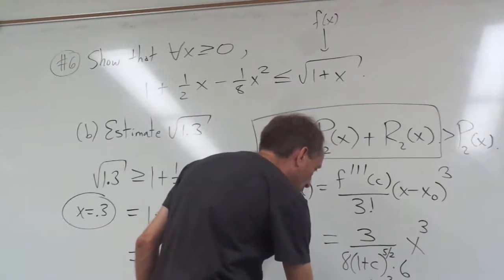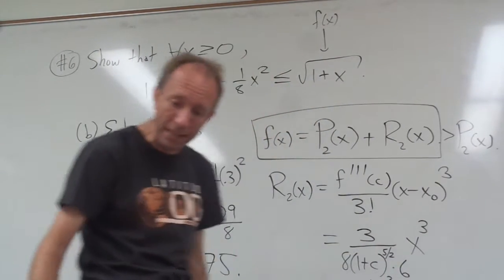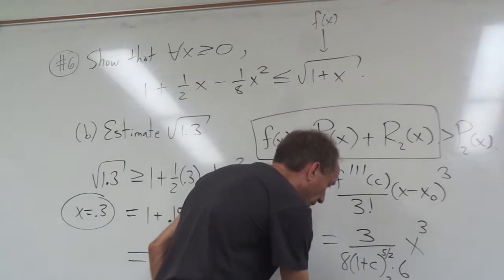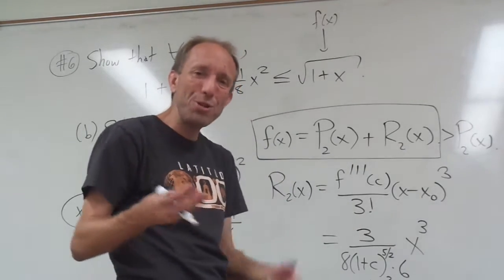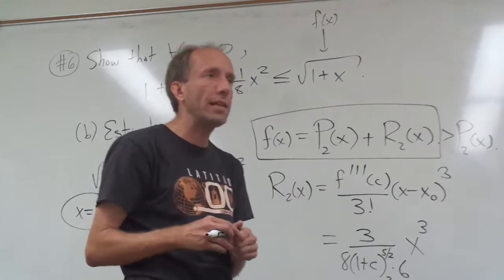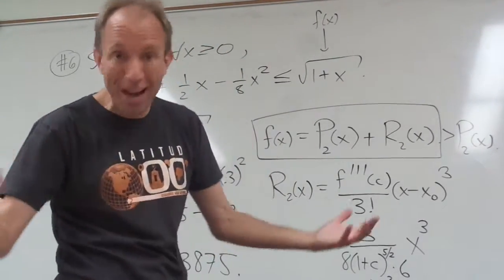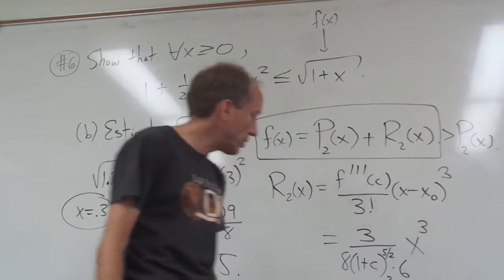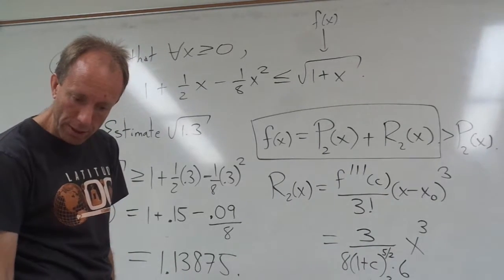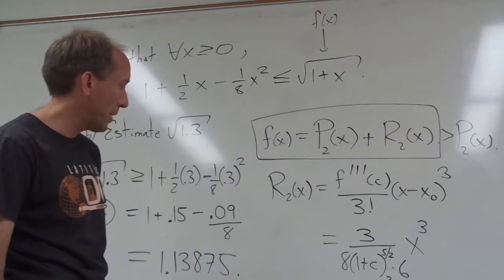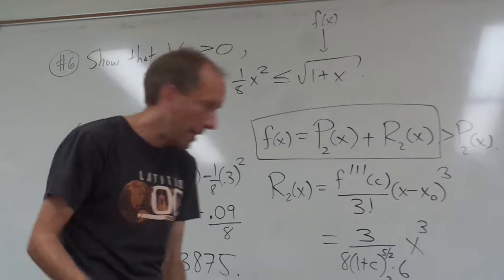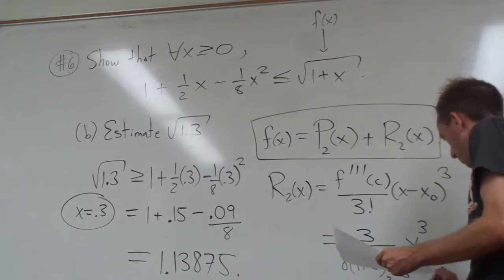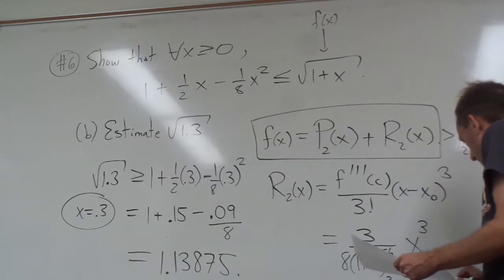On the bottom, I'll put in the smallest c that I possibly can, which would be 0. So actually c can't be 0, but you could take the infimum value of c for the interval in question, and that would be 0. So you would just end up with this expression here, and I calculated it to be 0.001685.